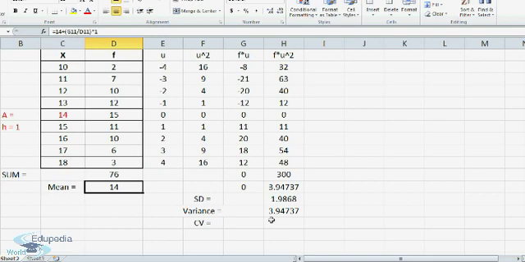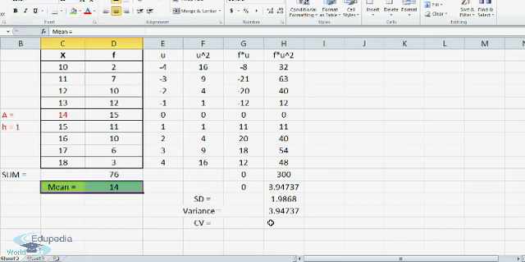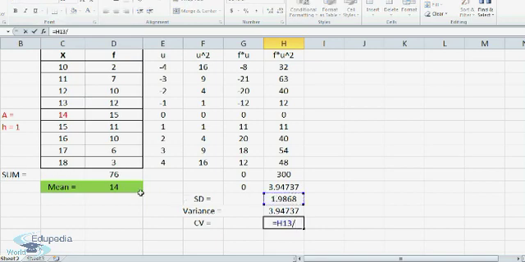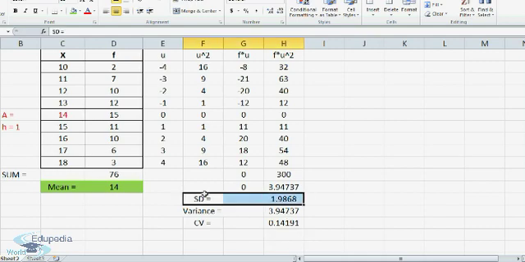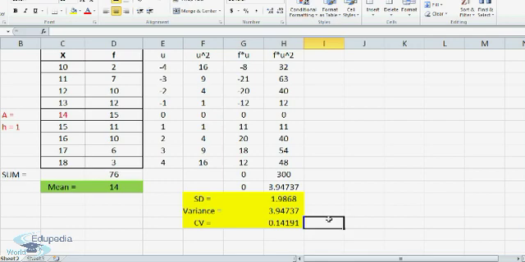So our arithmetic mean is 14, and then finally coefficient of variation would be standard deviation divided by the arithmetic mean, and that is 0.141. So these are the values of the standard deviation, variance and coefficient of variation for this problem.